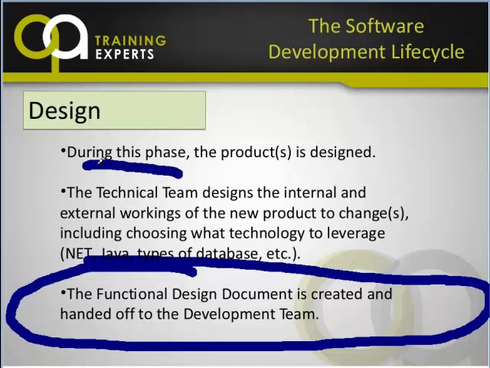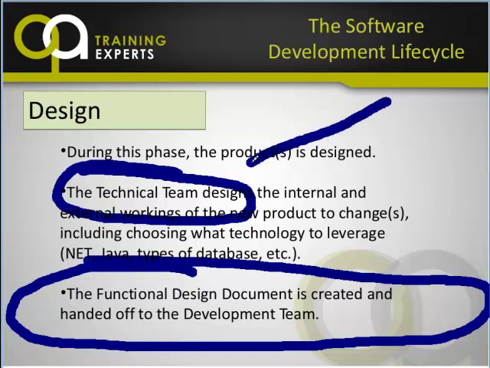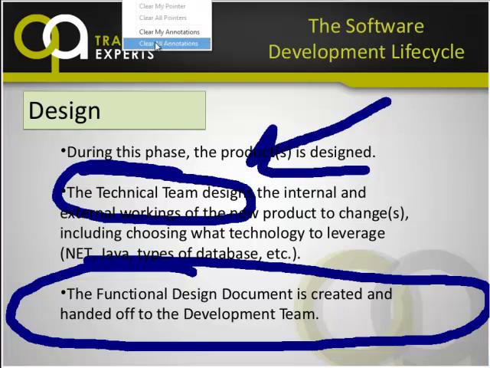So we've got the technical team. These are designers. They sit down and have to think of how they're going to take the business and technical requirements, how this application is going to look, and how it's going to work internally.